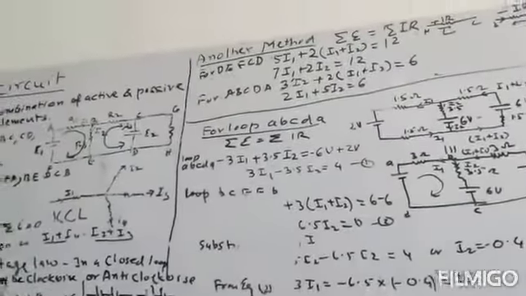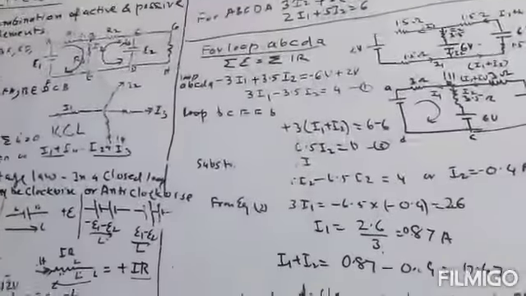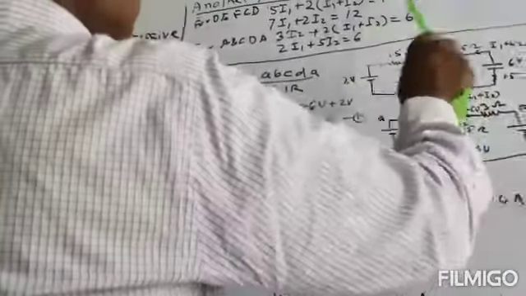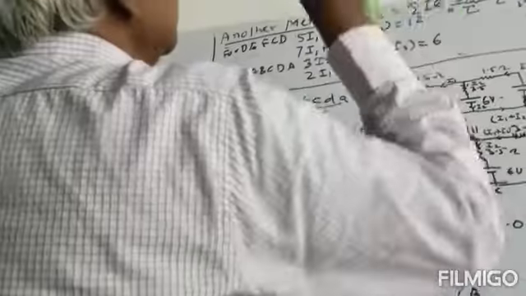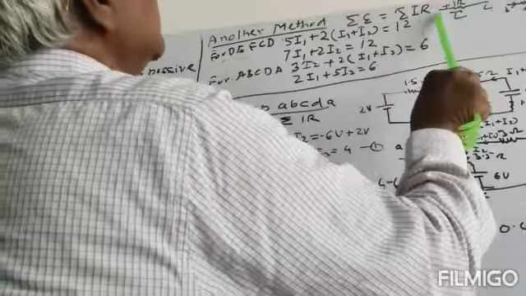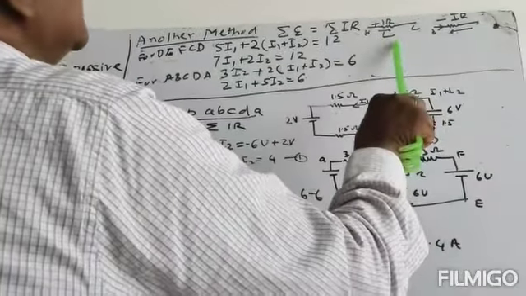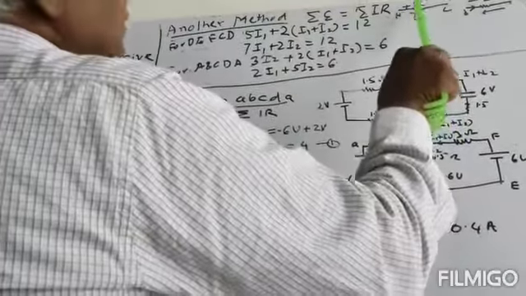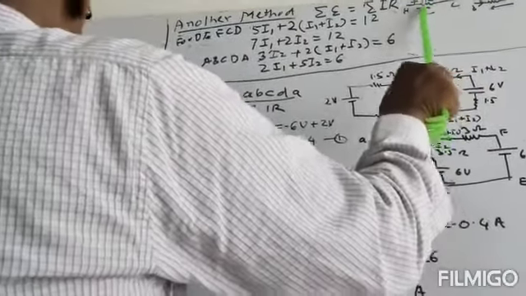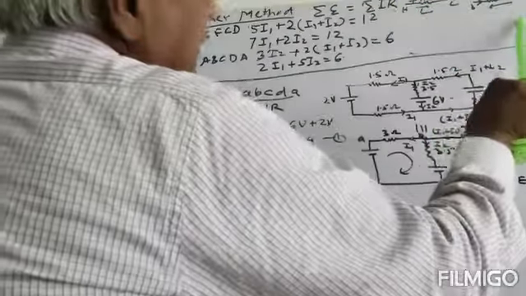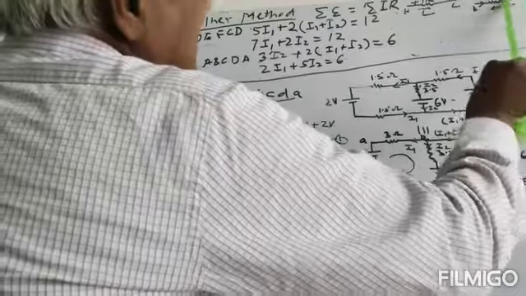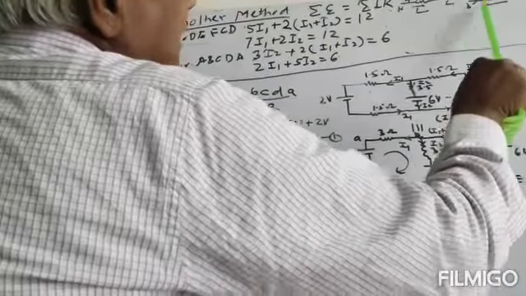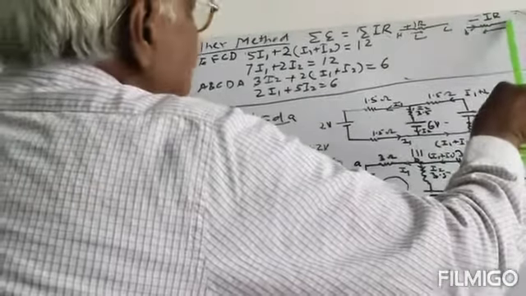If it goes from negative to positive, it will be positive. And for resistance it will be different. If the current is on this side and the loop is also in this direction, then IR will be positive. Here when the current is in this direction and the loop is in the opposite direction, it will become minus I into R1.